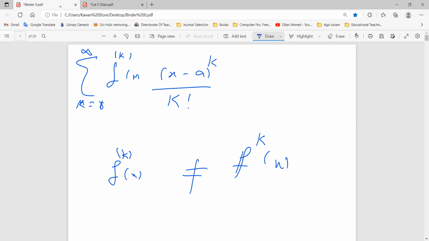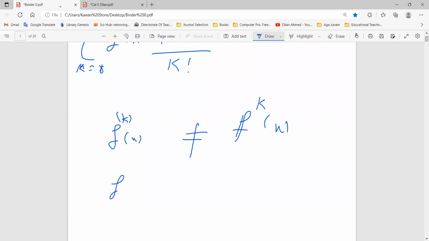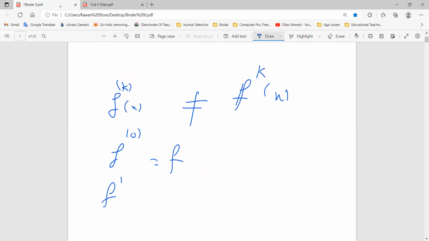When you have a power in parentheses, it means derivative. And when it's 0, we have just the function; we don't say it is equal to 1. When we have f prime, it's okay, we know. Or maybe you have f double prime. How about the tenth derivative? You don't write primes 1, 2, 3, 4, 5, 6, right? So you just write f^(10), and we know by this 10 you mean the derivative.